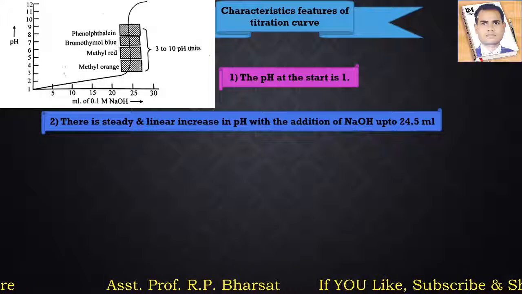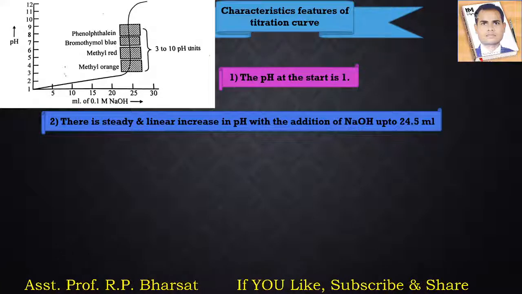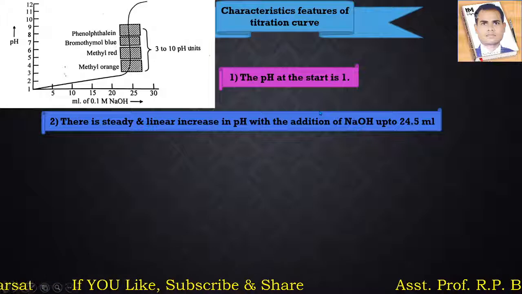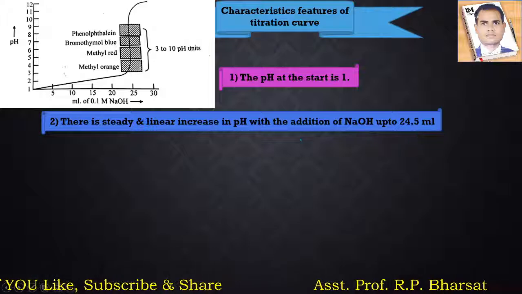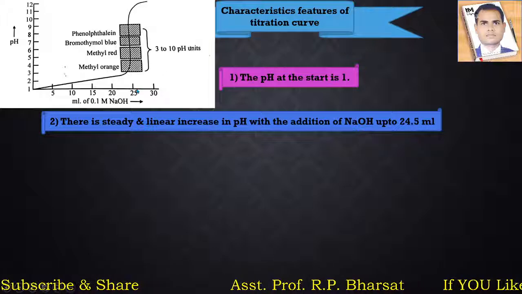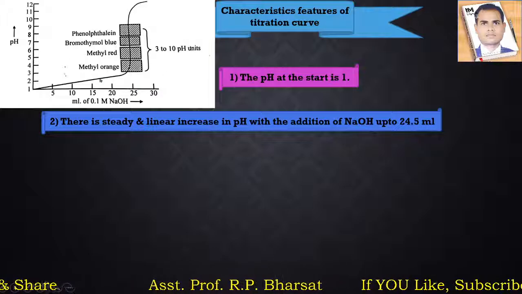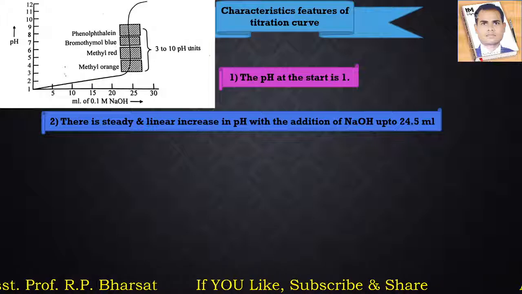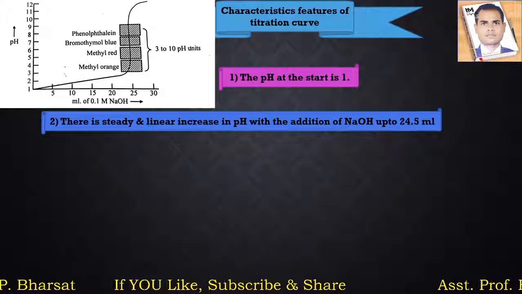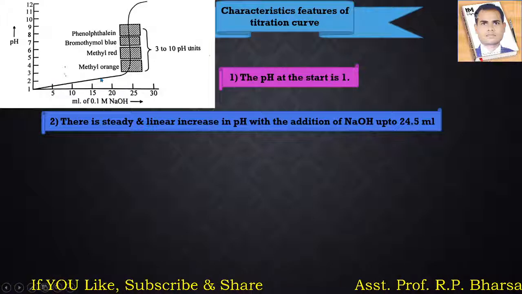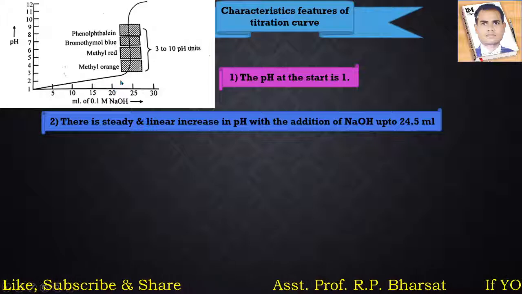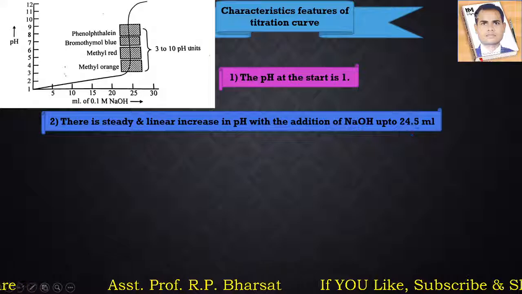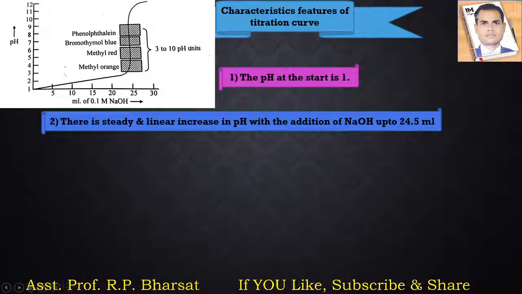The next point is that there is a steady and linear increase in pH with the addition of NaOH up to 24.5 ml. In this solution of 25 ml of 0.1 normal HCl, when you are adding 0.1 normal NaOH, initially the curve is steady and linear, increasing up to the addition of 24.5 ml of base.